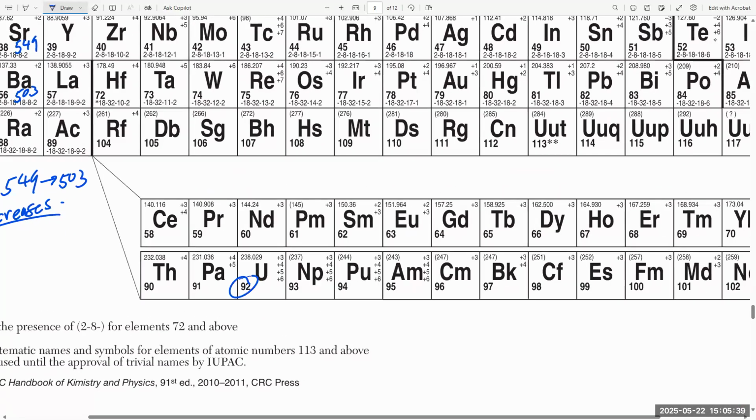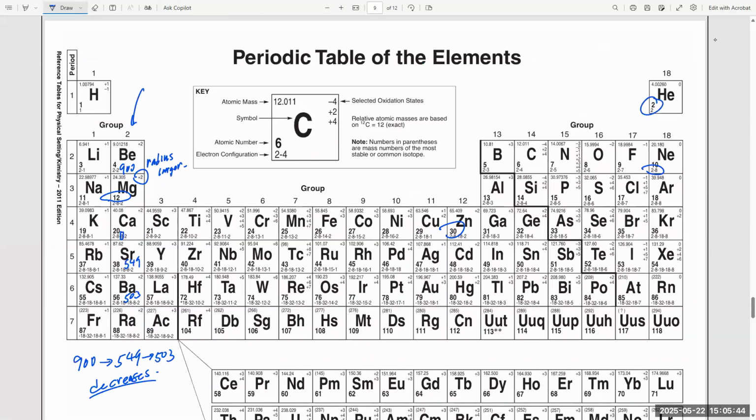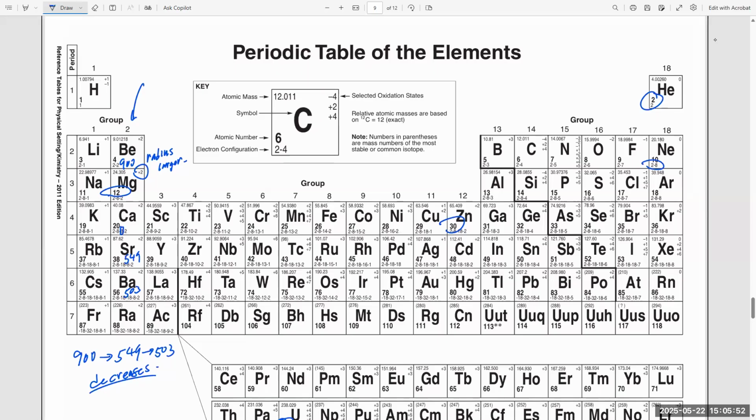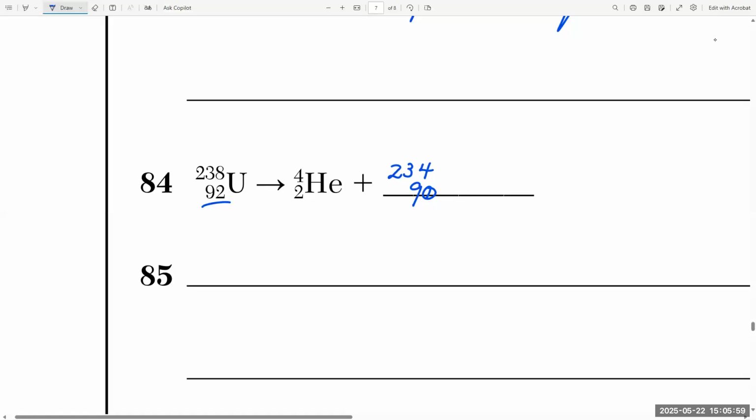Uranium is 92 and helium is a 2. Do you see that? So the bottom number identifies who they are. And just do detective work. That means who's 90? Let's go look up 90. 90 is right here. And that's TH, or thorium. So you're just going to look it up and write down thorium. And it's this easy, guys.